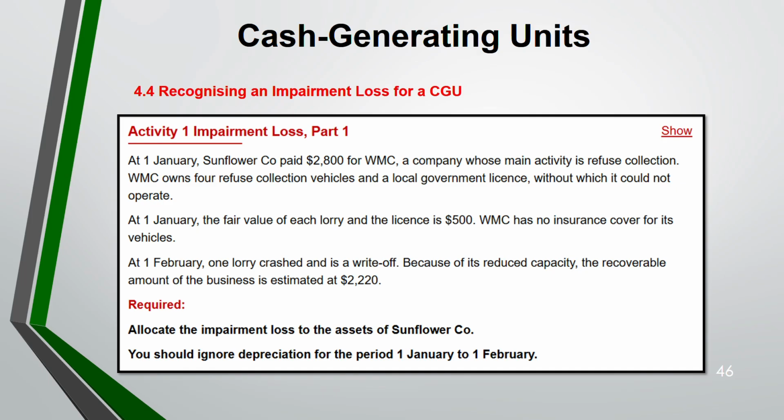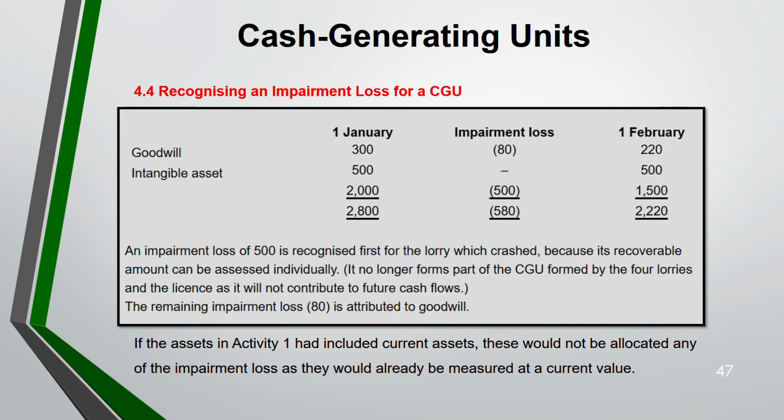Very important when you're writing CGU answers: there are two things. One, goodwill you have to separate from the other assets. And there are 2 dates. One is 1st Jan, as you can see here, then the impairment loss, and then 1st Feb.